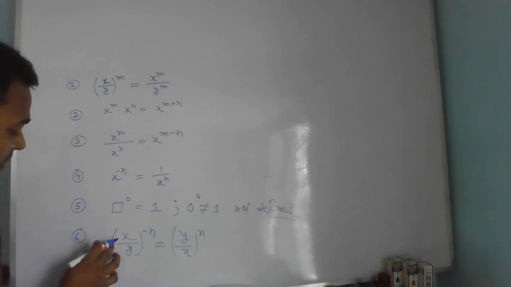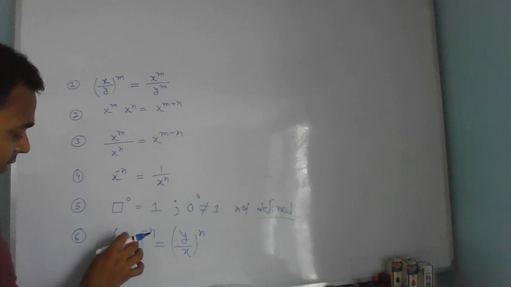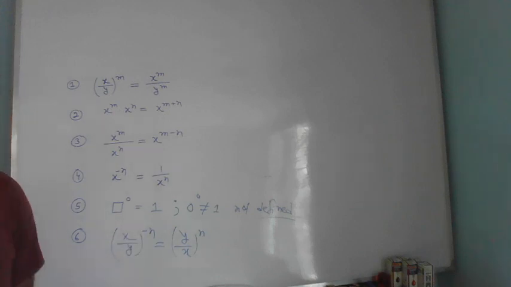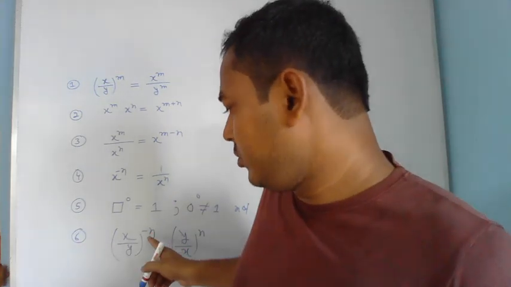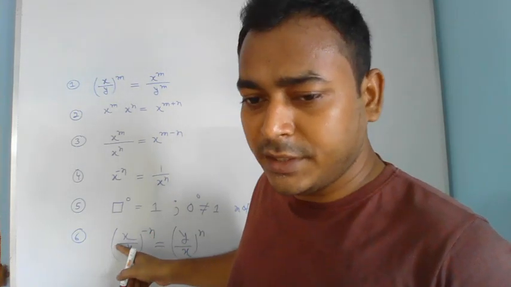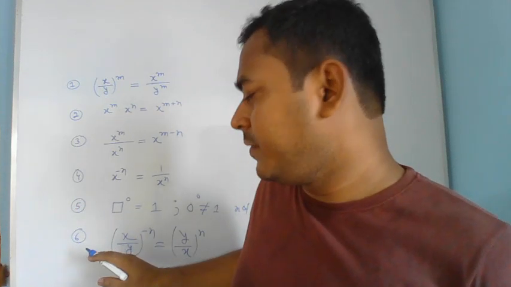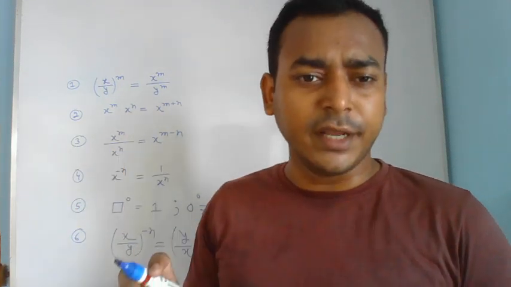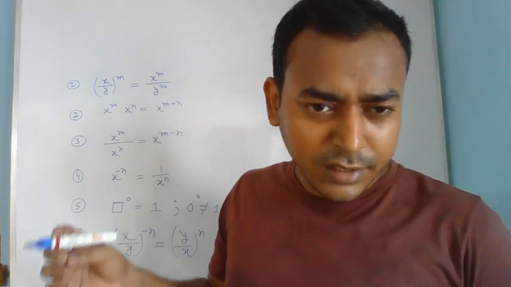We know if we put minus here, the whole process is the same, but the result is positive or negative depending on this n value. If we put minus here, the result is either positive or negative.